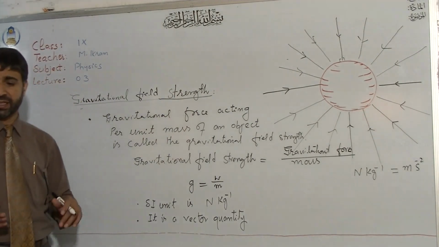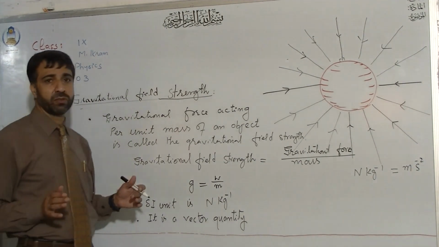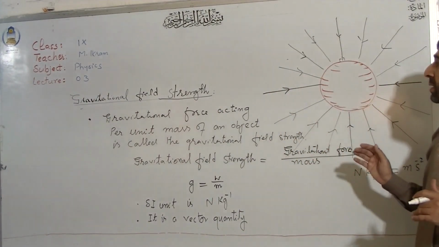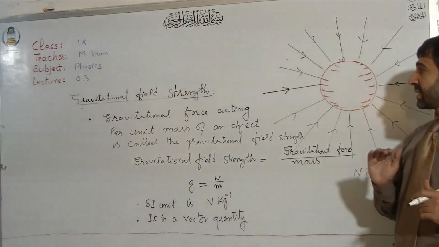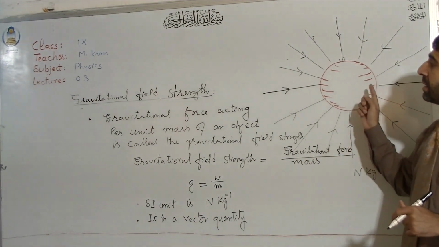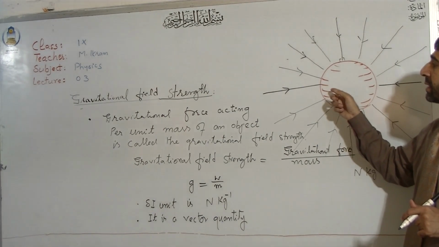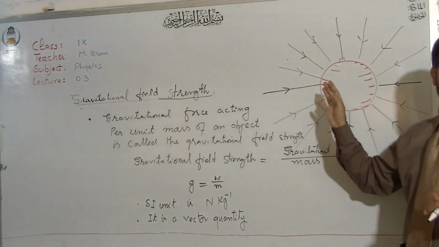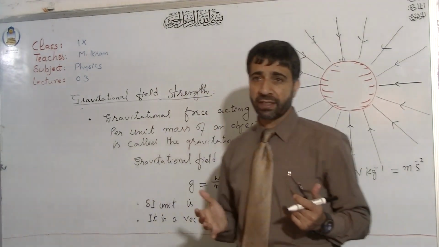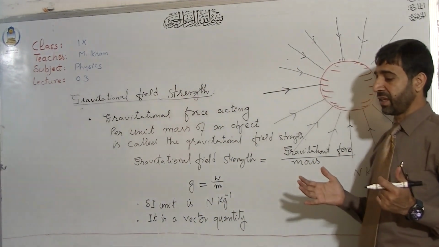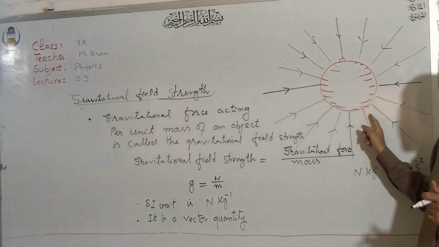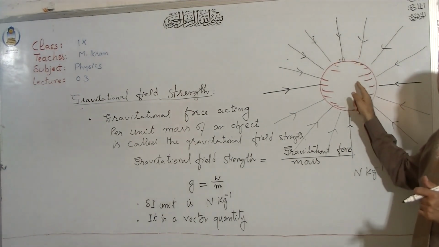In today's lecture, you have learned about the gravitational field. The gravitational field is the region or the space around a massive object where the gravitational force acts. It is denoted by imaginary lines drawn radially inward.